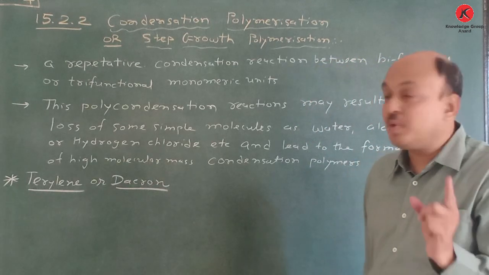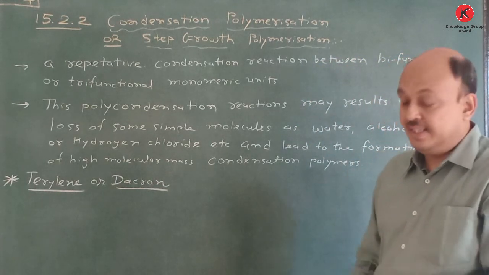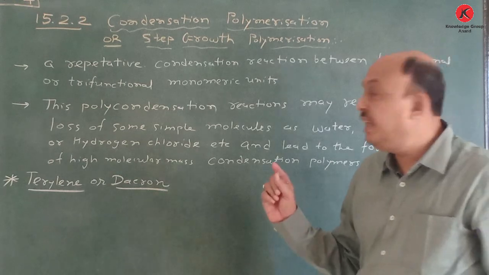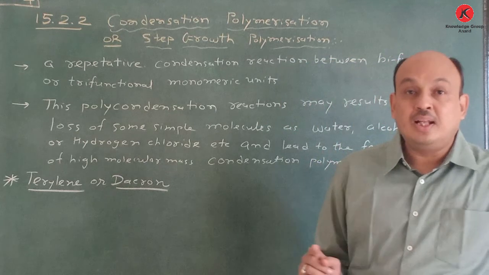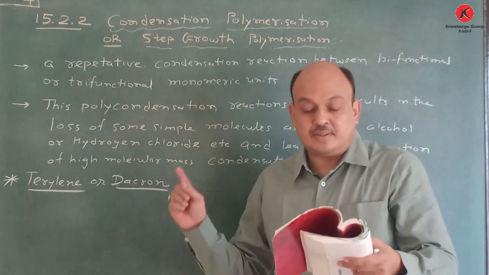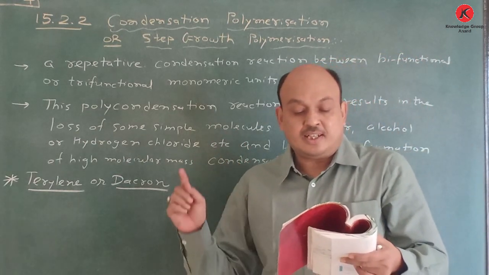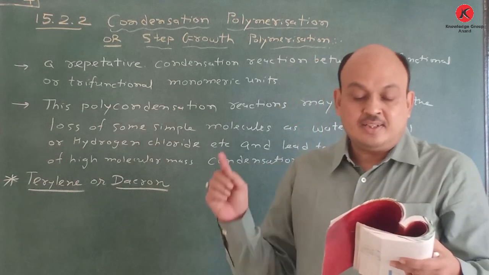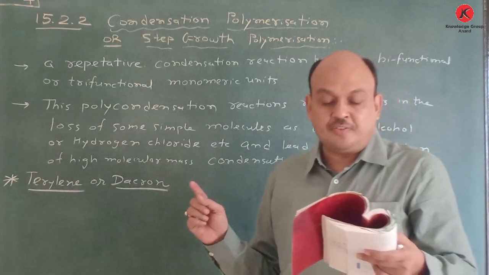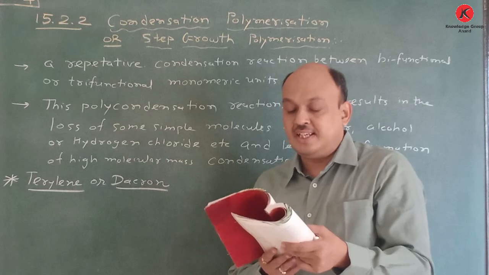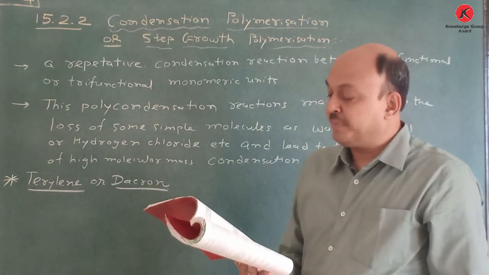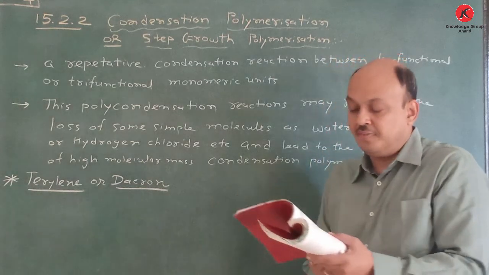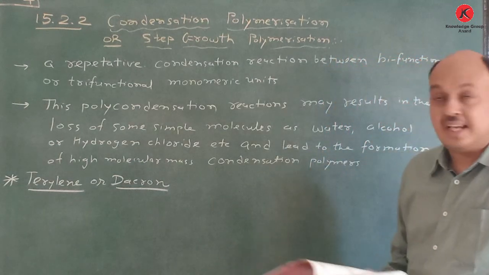Remember, the monomers of terylene are ethylene glycol, or ethane 1,2-diol, and another monomer, terephthalic acid, that is benzene 1,4-dicarboxylic acid.